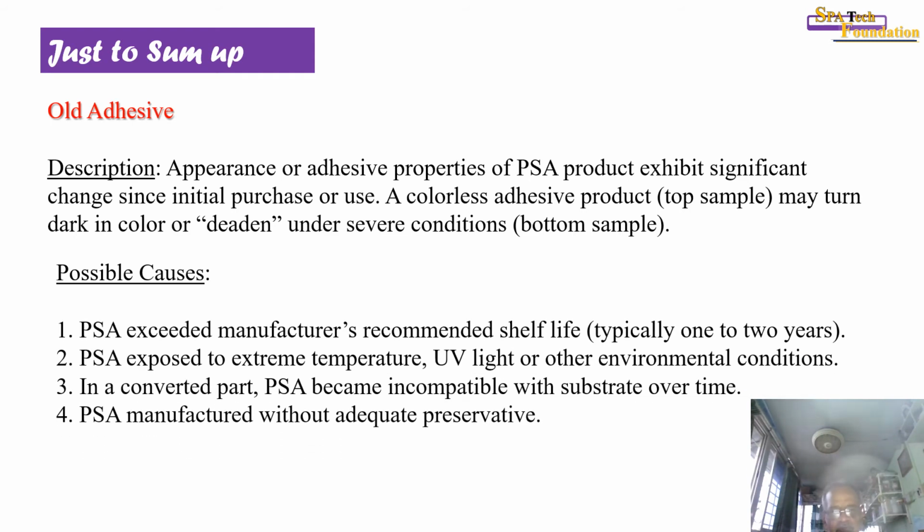Possible causes: PSA exceeded a manufacturer recommended shelf life, PSA exposed to extreme temperature or UV light or other environmental conditions. In a converted part, PSA becomes incompatible with the substrate over time. PSA manufactured without adequate preservative.